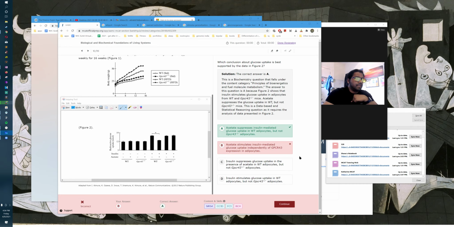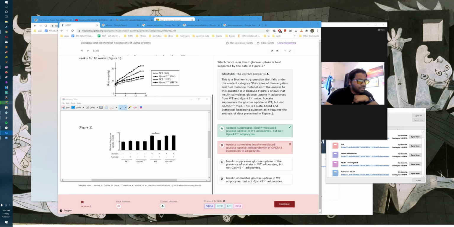That was stupid. I don't know why I picked insulin. You said insulin suppresses glucose uptake in the presence of acetate, but not GPCR. Okay, so the difference between A and C is which one is the one that suppresses.